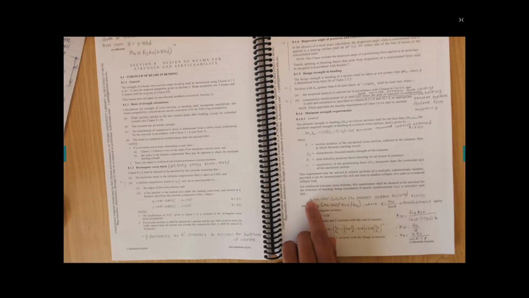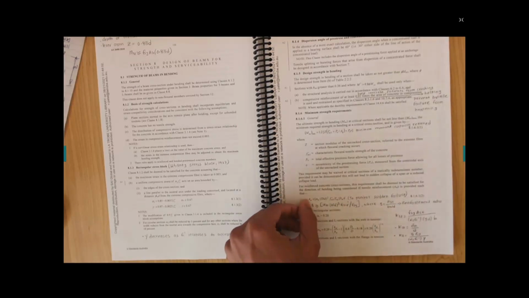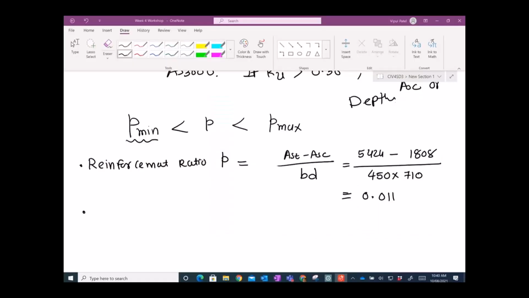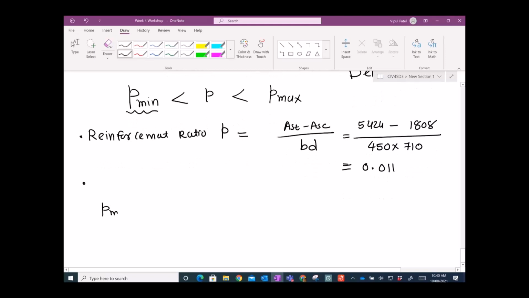So I can write that rho, because you can see rho is AST over BD, is greater than or equal to alpha B times D on small d square times FCT.F over square root Fy. So let's say rho minimum. Basically, this AST on BD as the minimum reinforcement is greater than or equal to 0.2 from the standards.